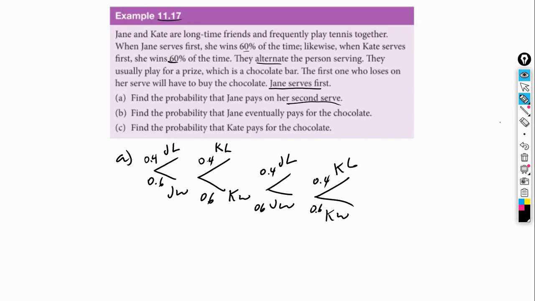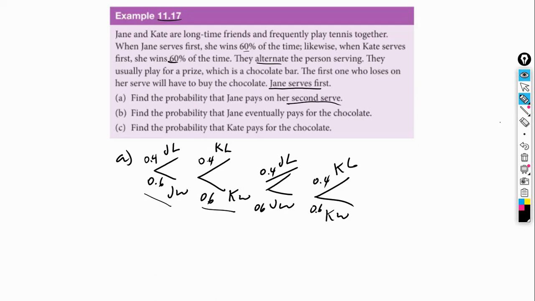So they want us to find the probability that Jane pays on her second serve. That is, that she loses on her second serve. Notice that several things would have to happen. Jane would have to win her first serve, then Kate would have to win her first serve, and then Jane would have to lose her second serve.